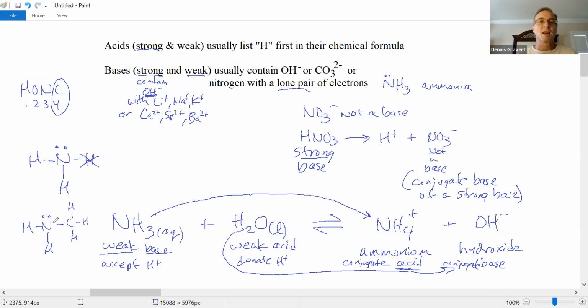Anyways, that's a common way to see a whole bunch of different bases. Just have somewhere in the molecule, there be a nitrogen with a lone pair. And really it's like if you like math, it's a derivative of ammonia, meaning these bases were derived or came from the ammonia molecule. All we're doing is substituting out the hydrogens for some carbons.